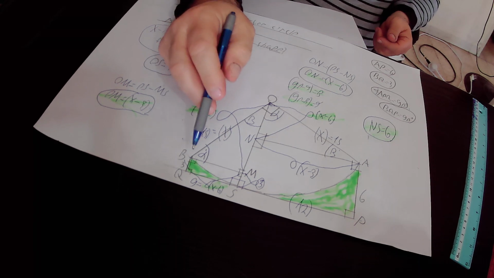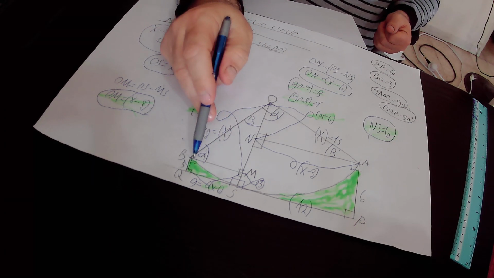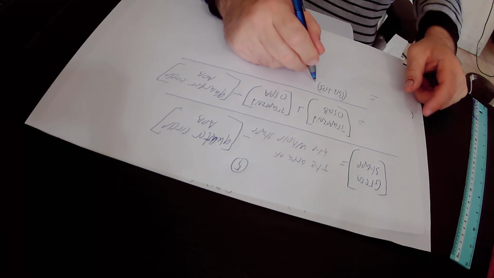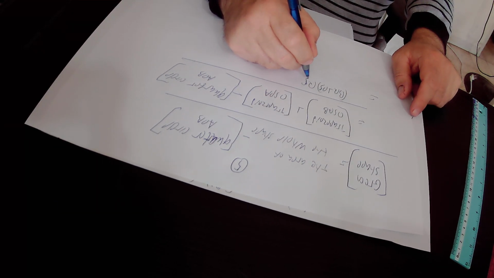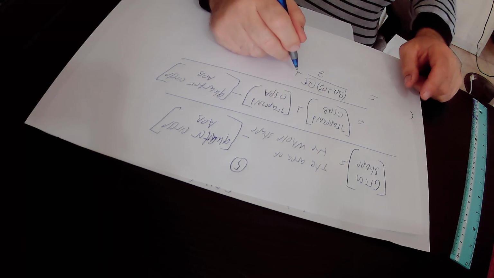Because QS creates 90 degrees with the two bases, QS is the height. So it is times QS over 2, plus the area of trapezoid OSPA.